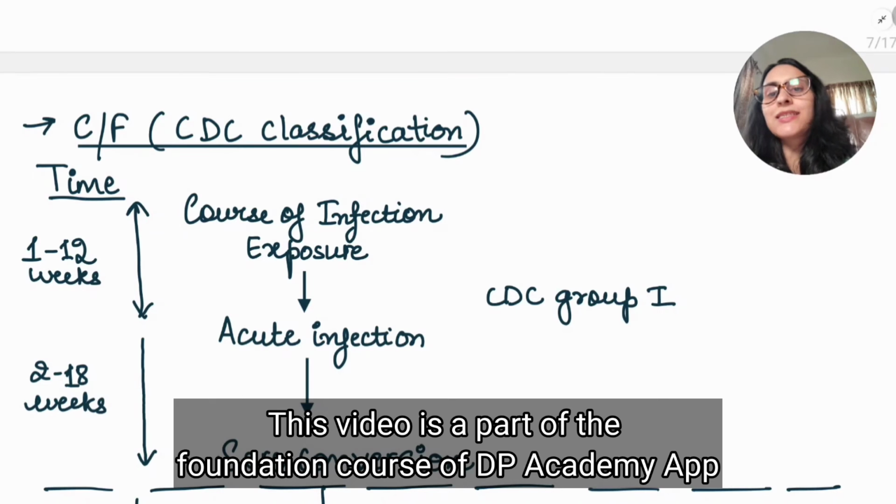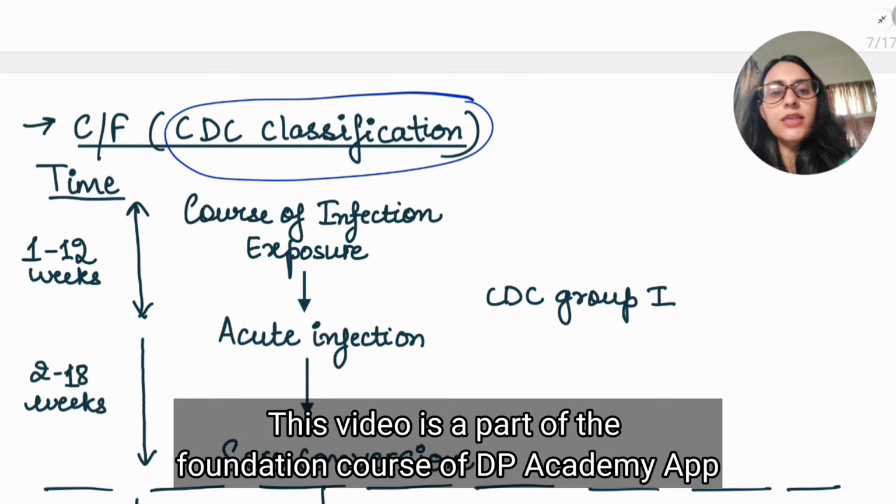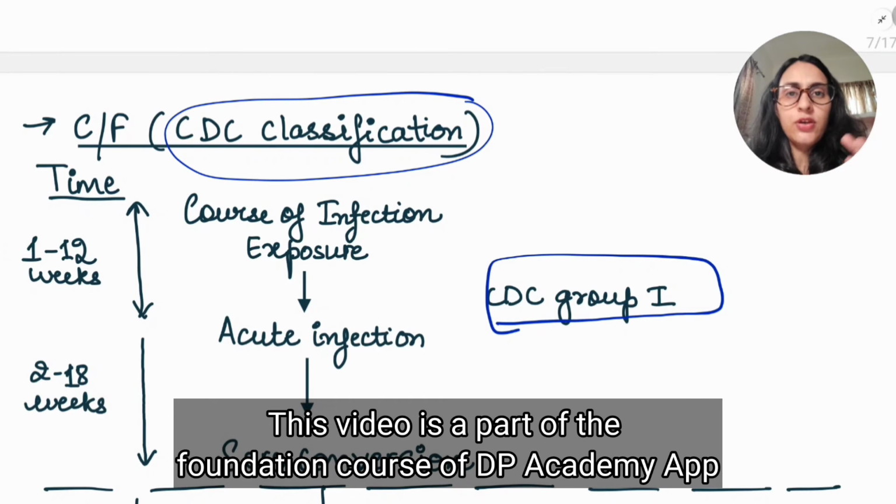Now let's talk about the CDC classification, guys. In the CDC classification, group A is the one wherein we are going to see the initial infection. The person will complain of common viral illnesses like fever, malaise, tiredness. The person will have weight loss or joint pain.